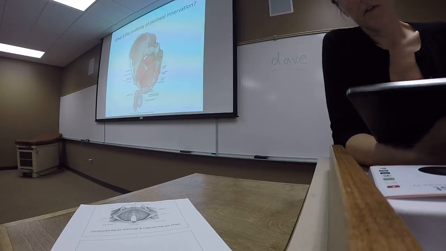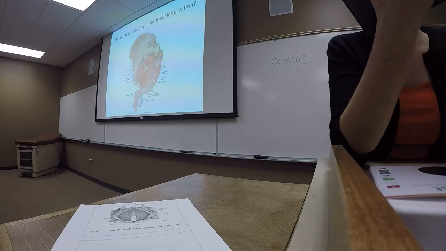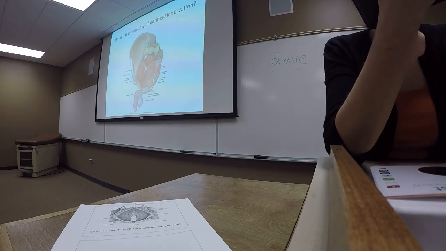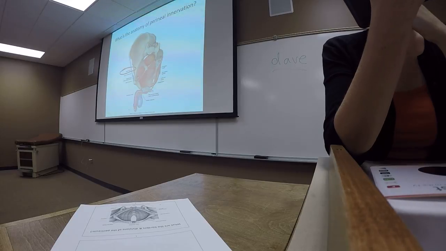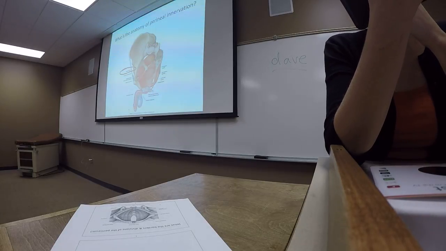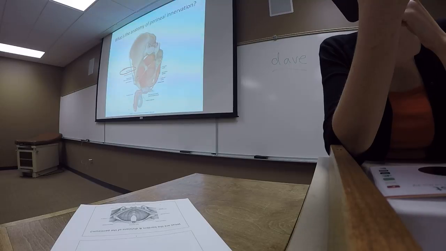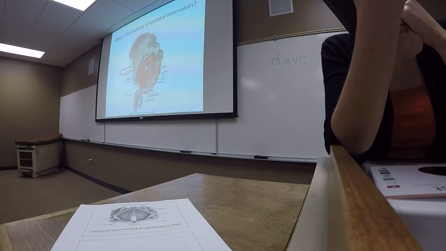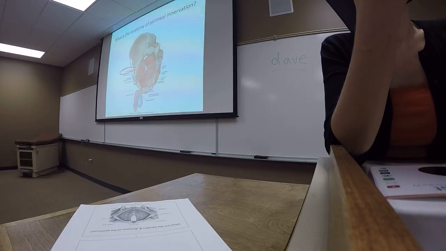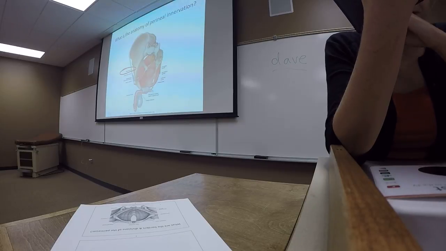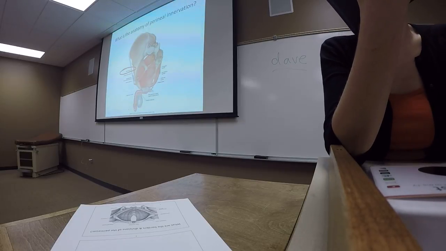anatomy of perineal innervation. The one nerve you have to remember is the pudendal nerve. That is the major source of innervation of the perineal region. I want you to know three branches of the pudendal nerve.